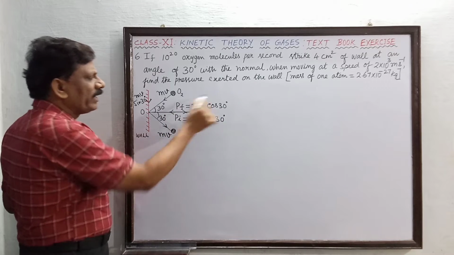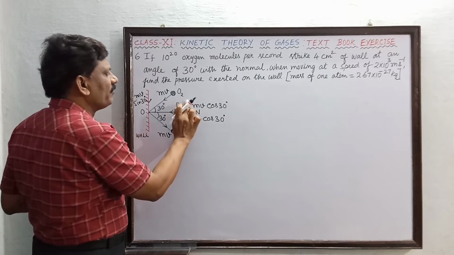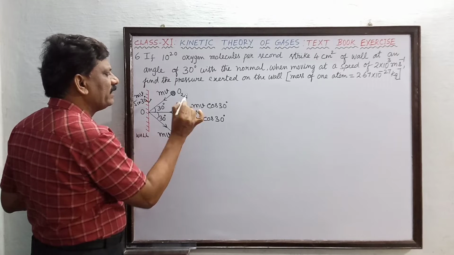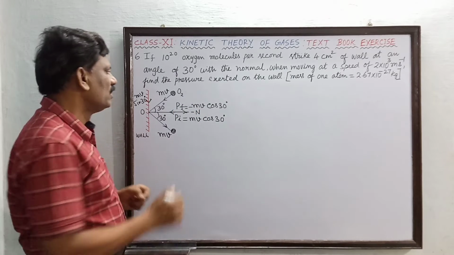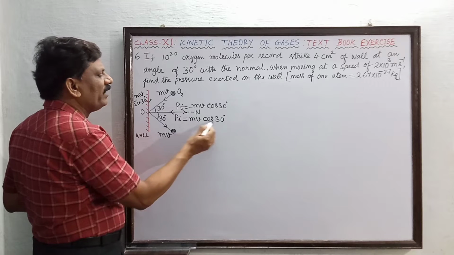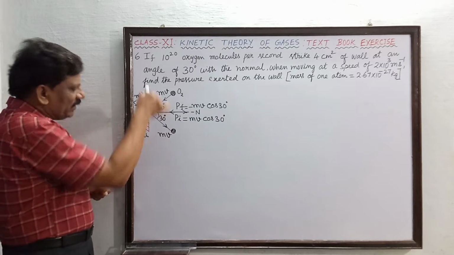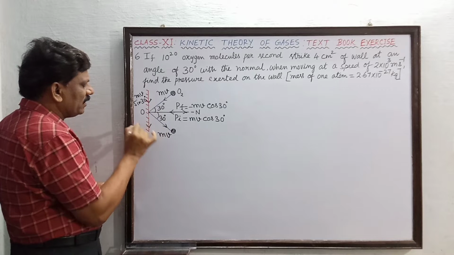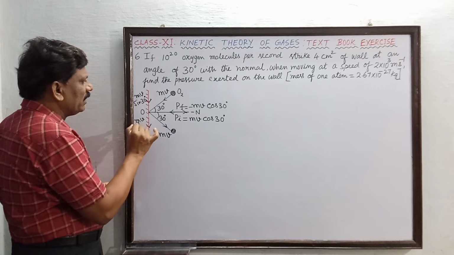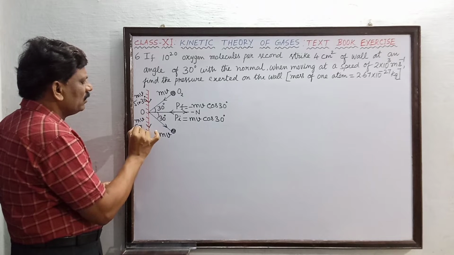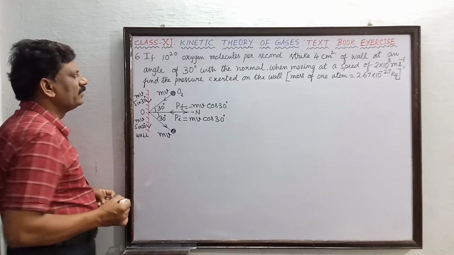Only the magnitude I have written. If you want, you can introduce a minus sign to indicate the direction also, so it is minus of mv cos 30. Then another component is again downward, which is mv into sine 30.